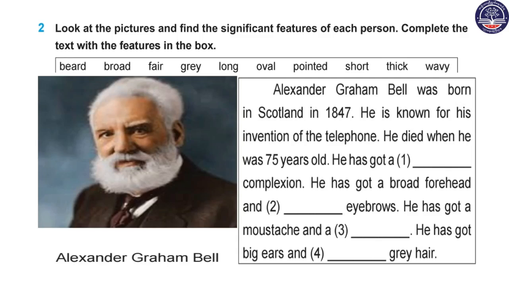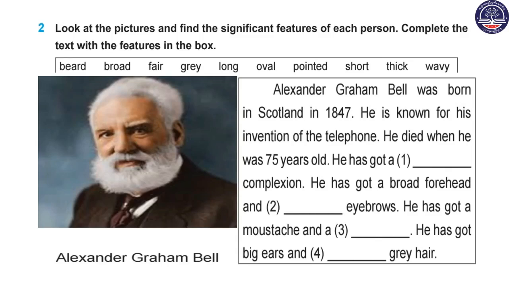Beard. Broad. Fair, it means white. Gray. Long. Oval.